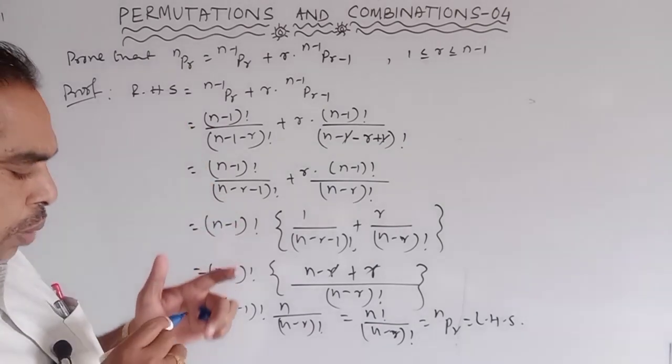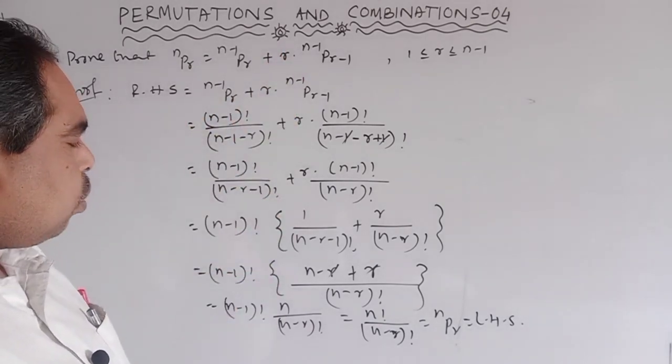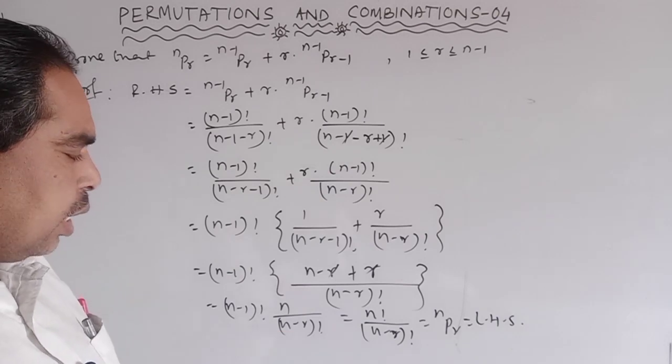Therefore nPr = (n-1)Pr + r into (n-1)P(r-1).